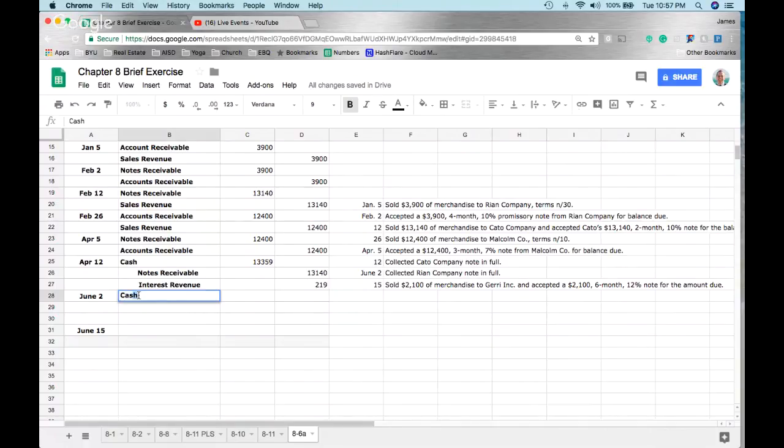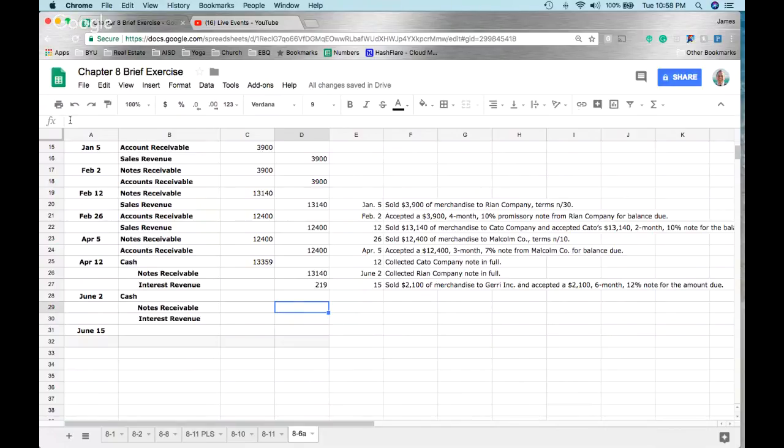So we got some more cash. Let's do the accounts. Cash, notes receivable, and then interest revenue. These should both be indented. Automatically, it will automatically do it, of course, with your software online.